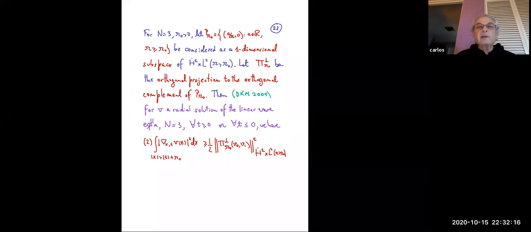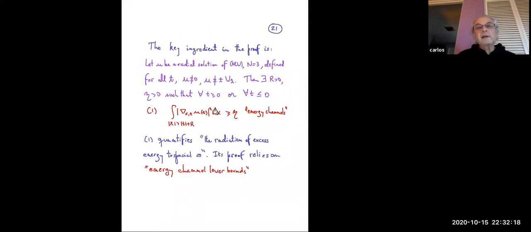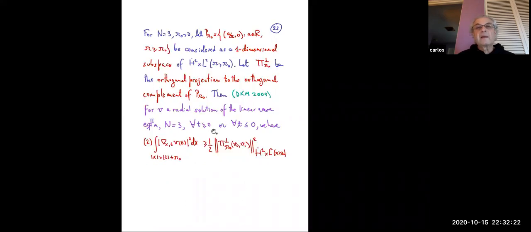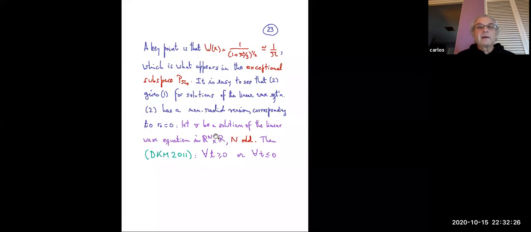This inequality easily gives this one for the linear case. But to go to the nonlinear case, you have to use, I'll get to what you have to use later on.